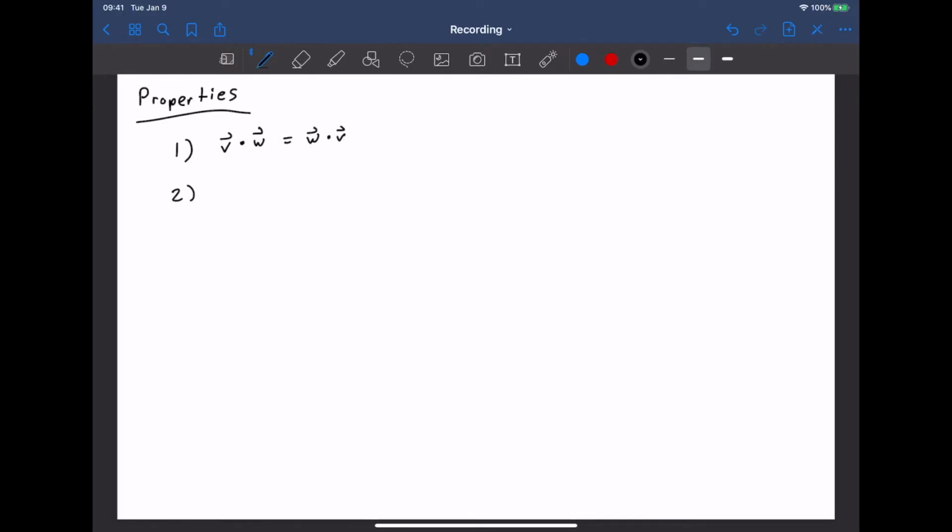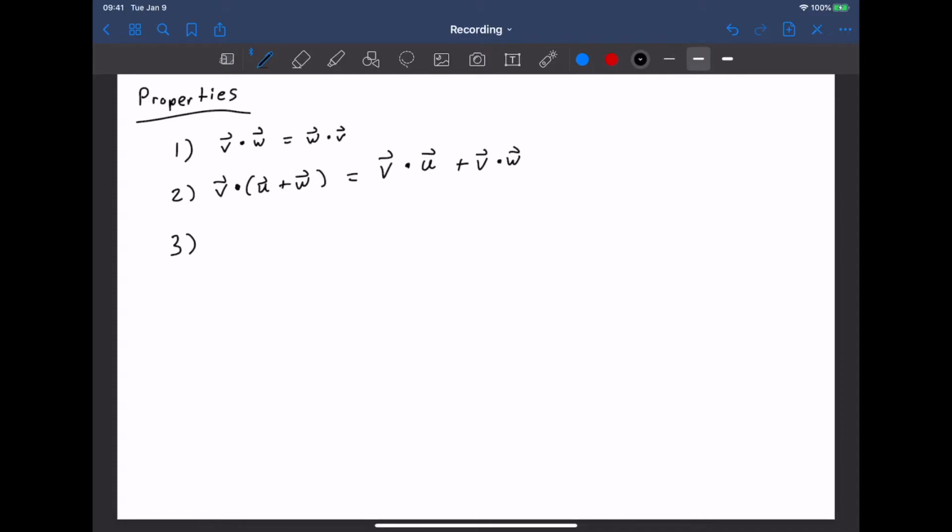Distribution: we're able to distribute the dot product over vector addition. So we would get v dot u plus v dot w, just like how distribution used to work.